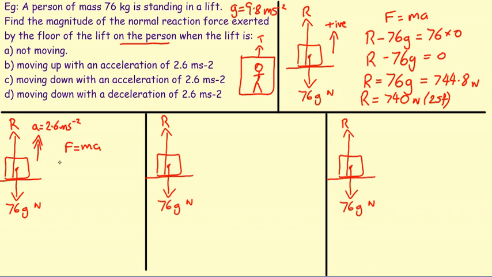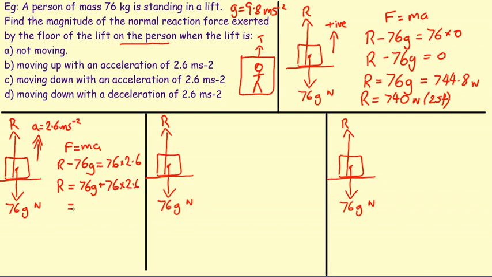So F equals ma. We're going to have the same equation as before: R minus 76G equals mass, which is 76, times acceleration, which is 2.6 meters per second squared. If we rearrange this, we get R equals 76G plus 76 times 2.6.